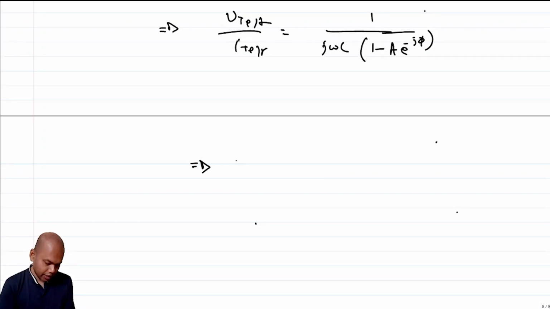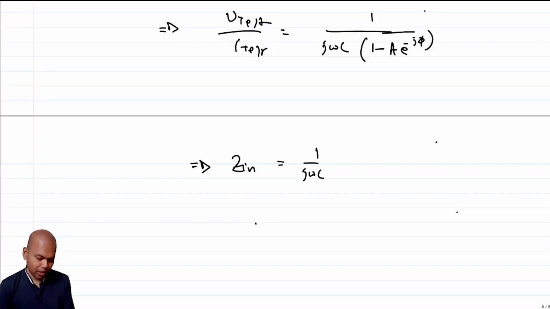which means your Zin, which is V test over I test, is nothing but, I'll keep 1 over j omega C as is because this is easy to handle. The other part I will multiply with the conjugate in the denominator and the numerator.